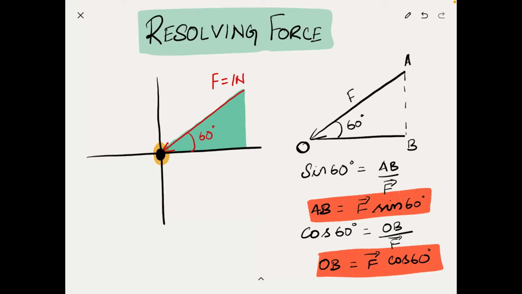Now that we have found the vertical and horizontal sides of our virtual triangle, AB and OB, let us try to understand what this implies when we are trying to resolve a force F into its horizontal and vertical components. You see this AB, that is this side of the triangle. We have calculated it as F vector times sine of 60.